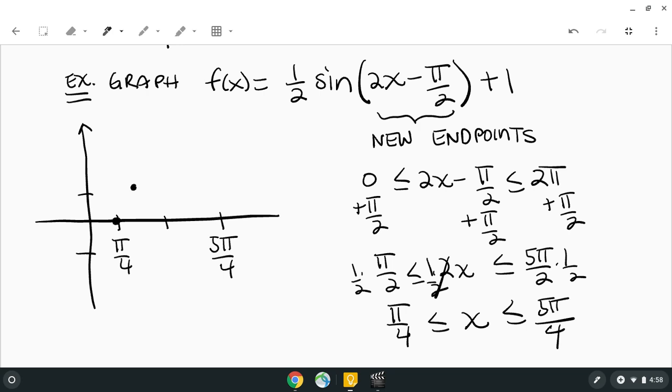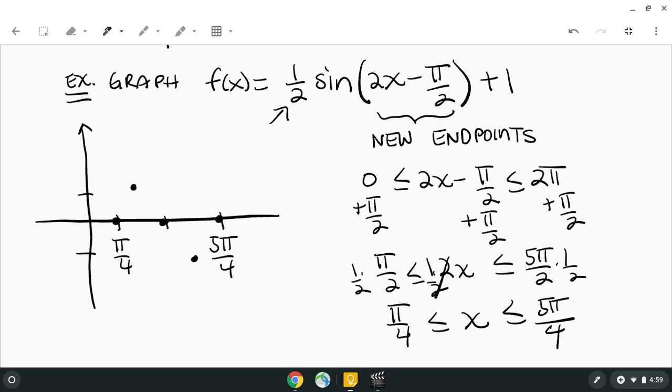We're going to have those 5 starting points of the sine graph between pi over 4 and 5 pi over 4. So we're going to have a point right here, that's 1. Then here, that's 2. Here's 3. Here's 4. And here's 5.